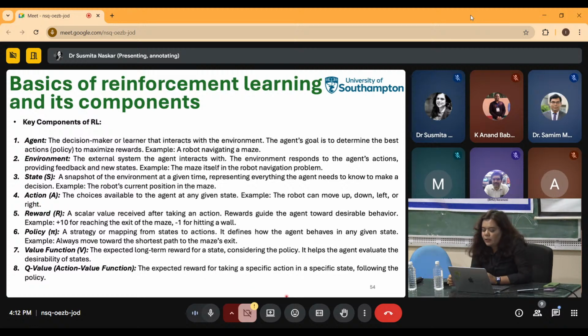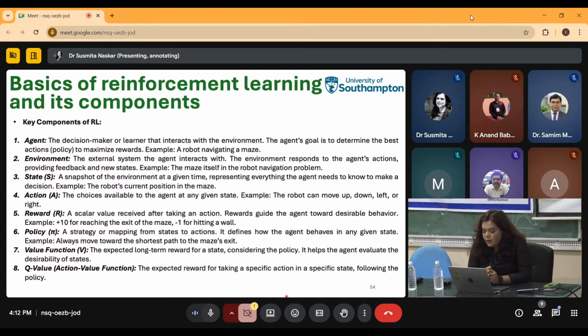And then there are two other ones, the value function and the Q value. The value function estimates the expected long-term reward for a given state, considering the policy being followed, and it helps the agent evaluate the desirability of states. Whereas the Q value goes a step further than the value function and represents the expected reward for taking a specific action at a specific state under the current policy.